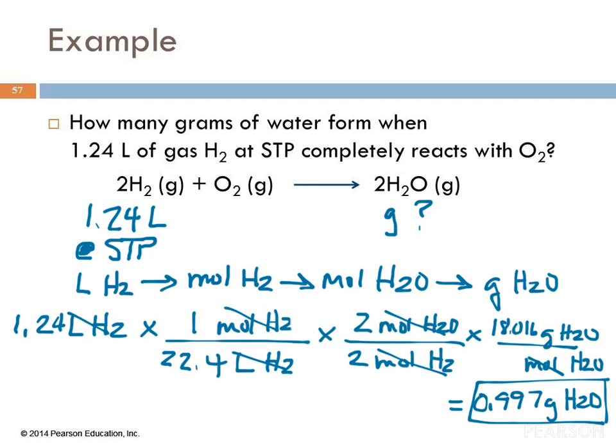Some students forget that it exists and forget to use it, and then other students want to use it all the time, and you can't use it all the time. You can only use it at STP. If it says at STP, you can use the 22.4. If it doesn't, if it gives you other pressure and volume or temperature or something, then you can't use it. Any other questions?